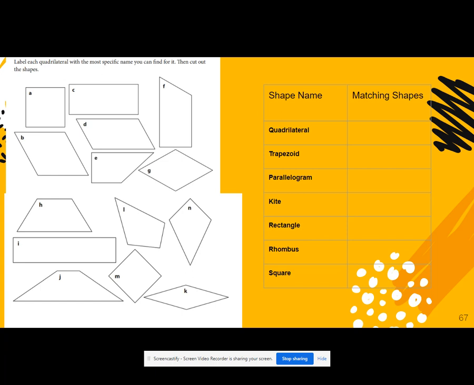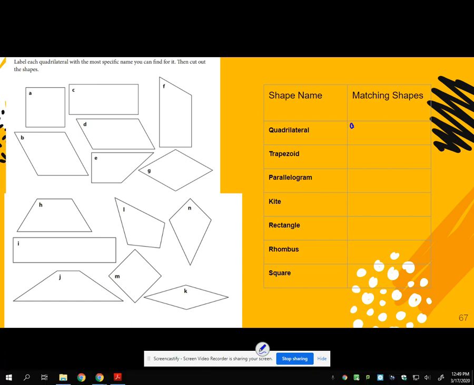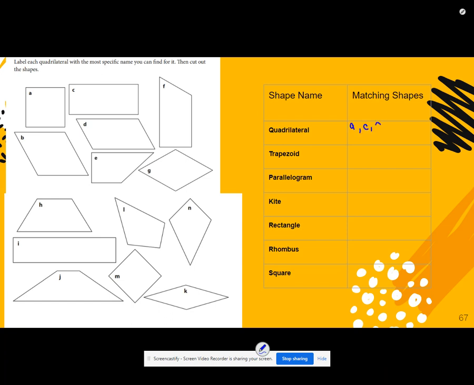All right, so we're going to give you some time. Pause the video, and I want you to put all of the shapes in your notebooks that match this page over here. So write the letters in. For instance, my letters that are quadrilaterals are A, C, F. I should do it. A, B, C, D. Oh, they all are.